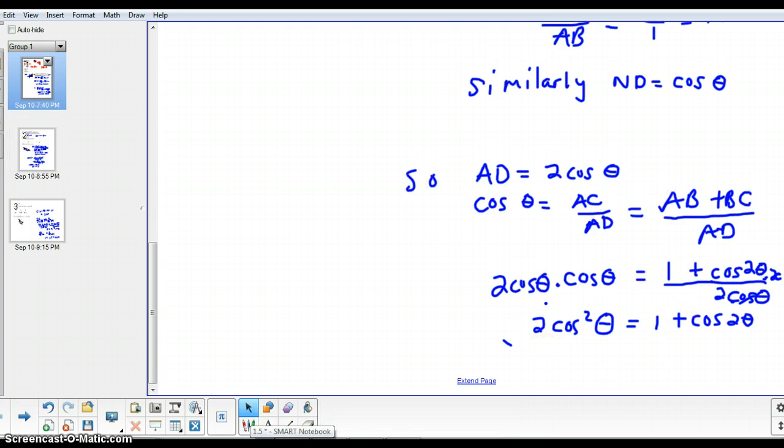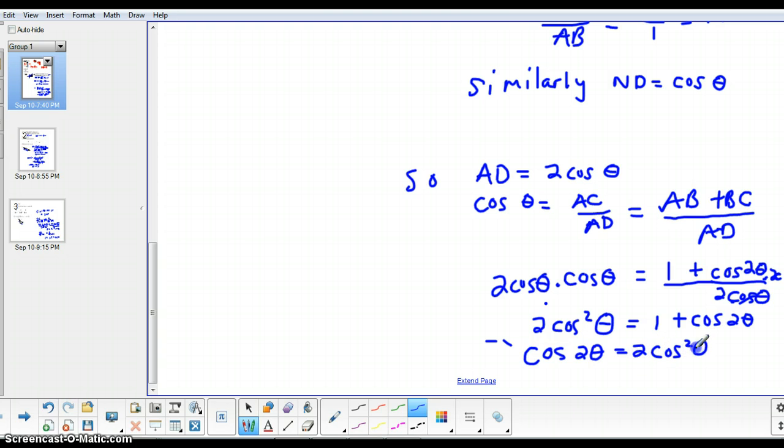We end up with cosine 2 theta equals 2 cosine squared theta minus 1. Okay, so that's the end of that proof. Nice job. Pat yourself on the back.